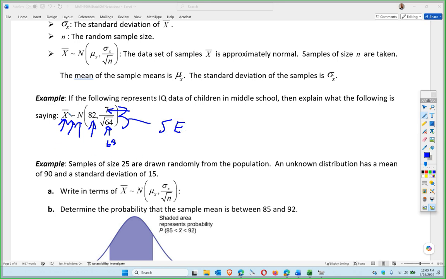So the data samples are approximately normal with a sample mean of 82, standard deviation of 7, sample size of 64, and this whole fraction right here is the standard error.